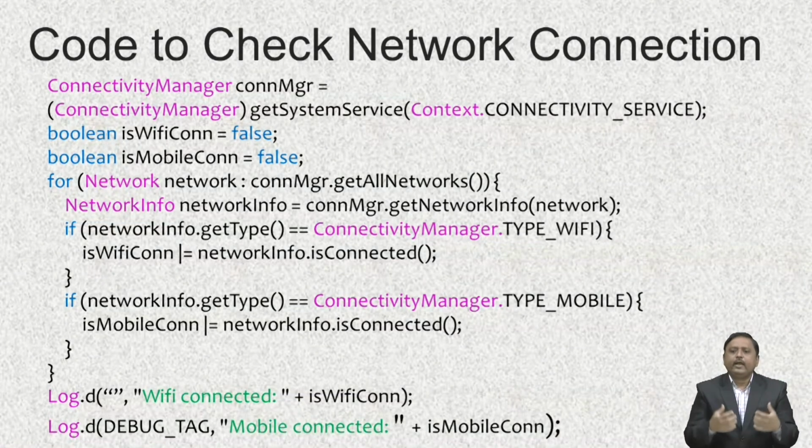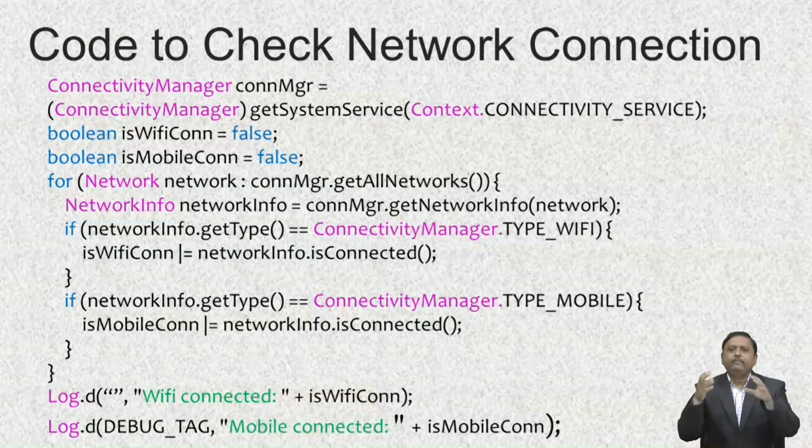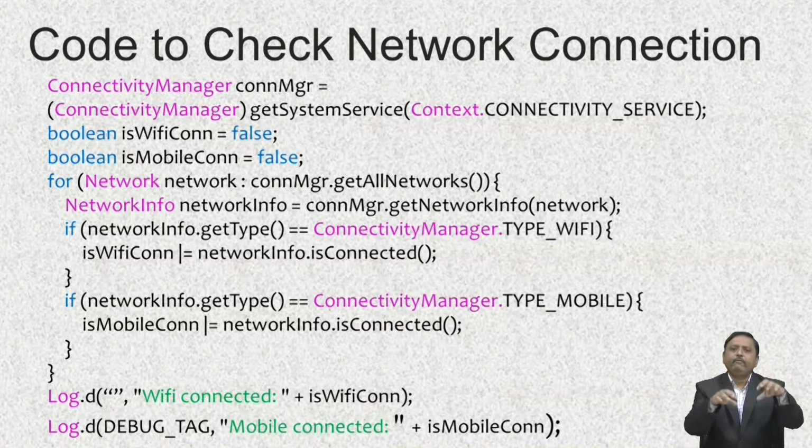First, we create an instance of connectivity manager, and then we fetch all networks one by one and get network info, and we check whether we are connected to that network or not, and based on connectivity we store true or false inside that boolean variable, and that we will display inside logcat.